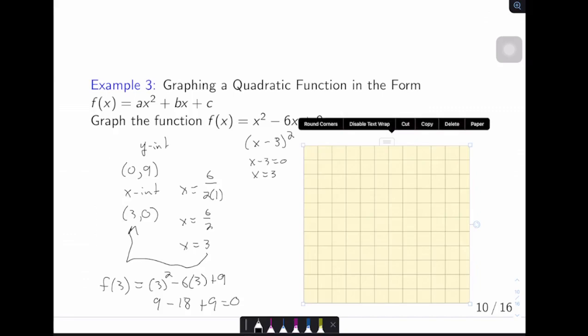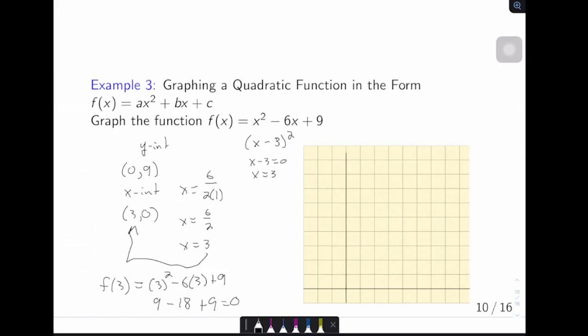Our y-intercept's kind of big, so I'm going to graph mine kind of downwards. Let's see. Our vertex is (3, 0). Our axis of symmetry goes straight up through there.